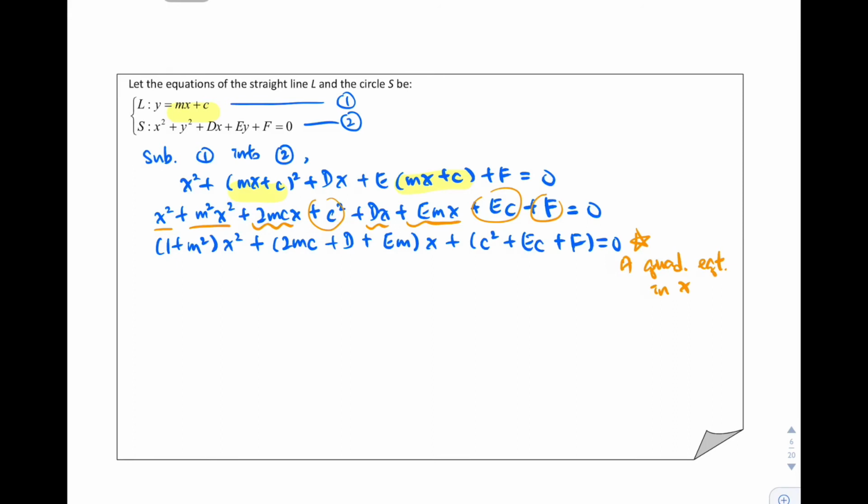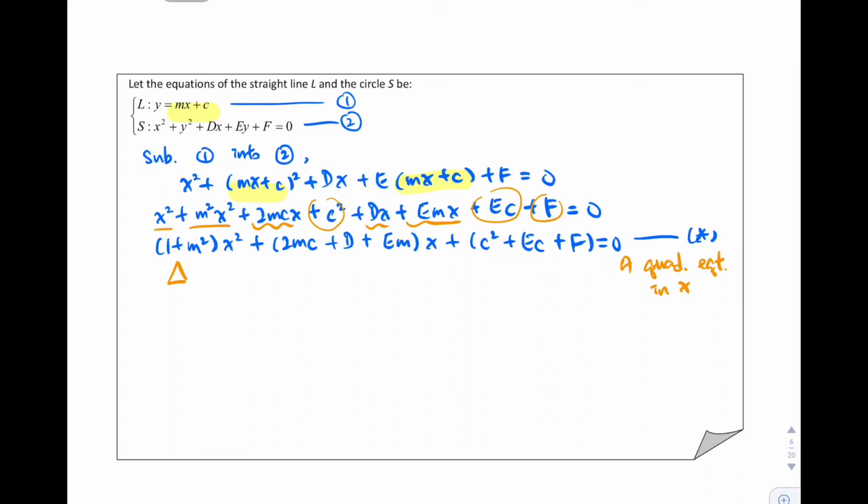So correspondingly, if we want to know the number of points of intersection of a straight line and a circle, we can consider the discriminant of this equation. We label this as equation star.